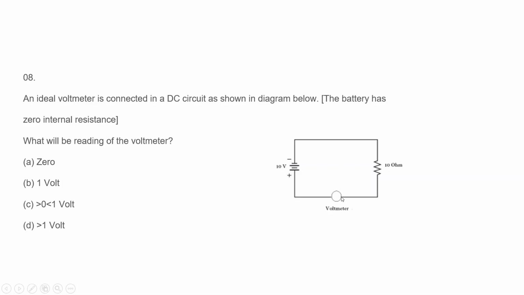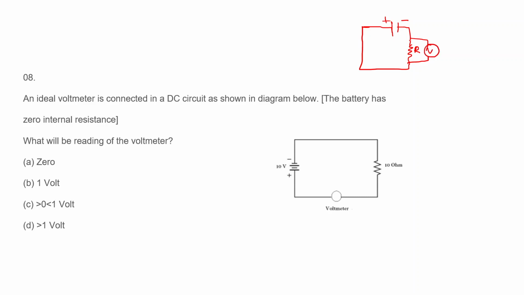So as I mentioned, voltmeter is always connected in parallel with whatever device across which we want to find out the voltage drop, because voltmeter is made in such a way that there should not be any current flow through the voltmeter when it's connected. Okay, let me draw a diagram here. Usually say this is a battery and this is some resistance, the resistance across which I want to know how much voltage drop is there.